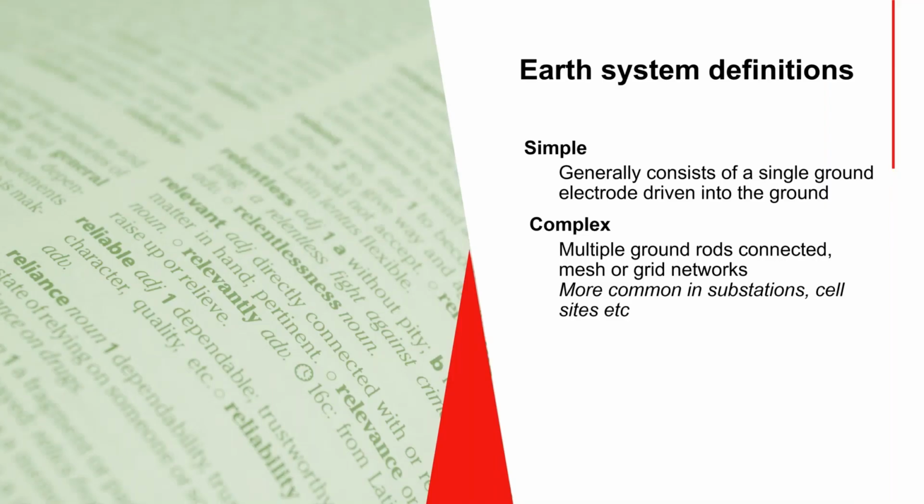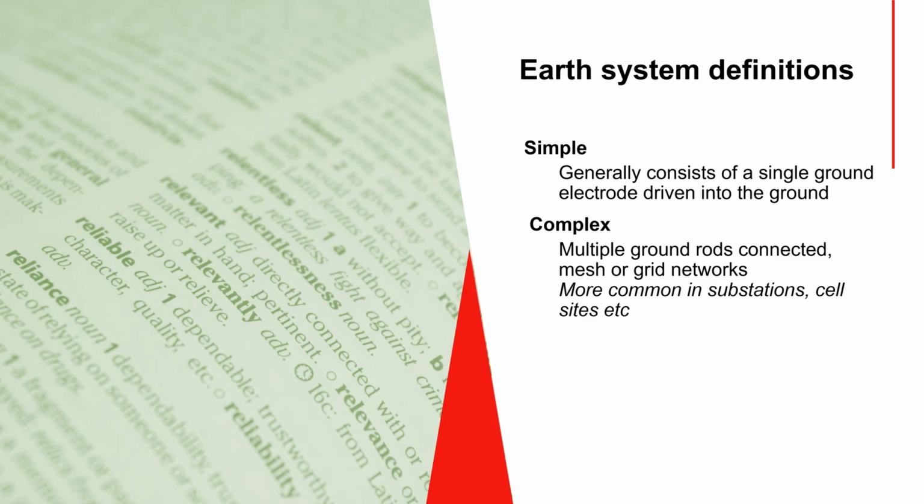We can look at this in terms of two types of grounding electrode. The simple, which everybody typically thinks of, just a rod driven into the ground and your electrical system tied to that. But there are also very complex systems that consist of arrays of many driven rods paralleled together, or a grid or a mesh.